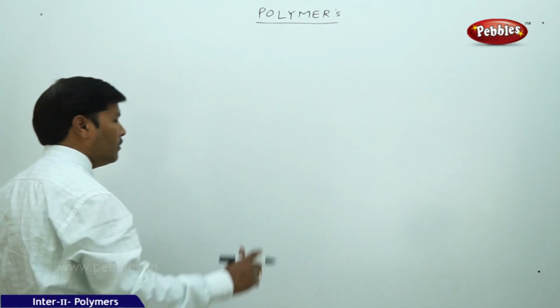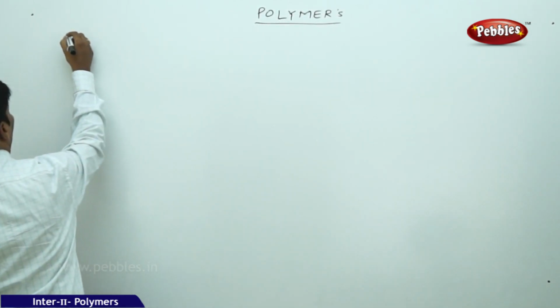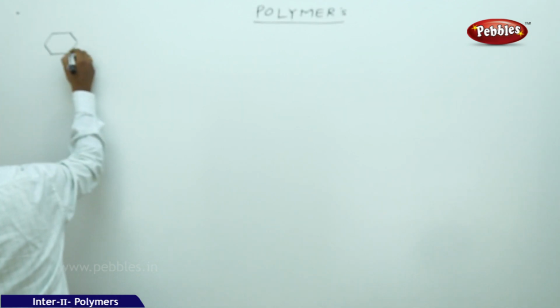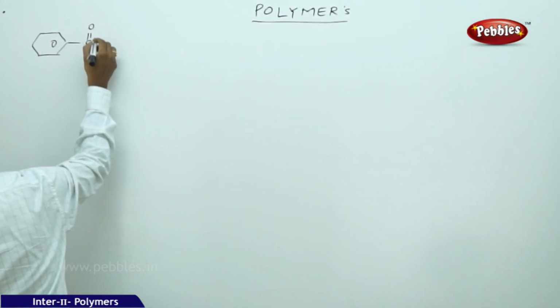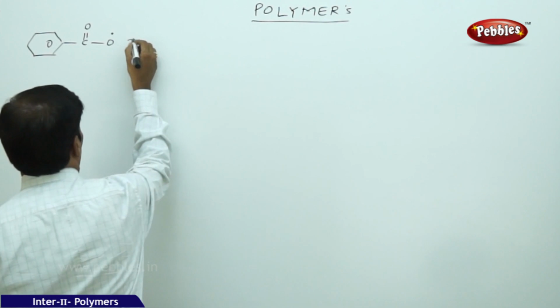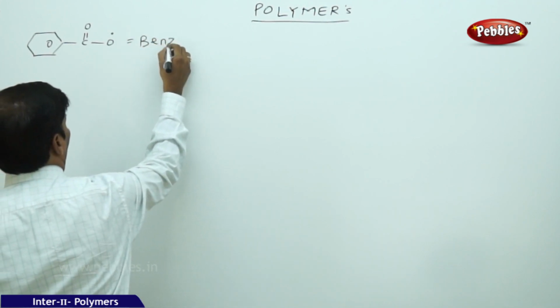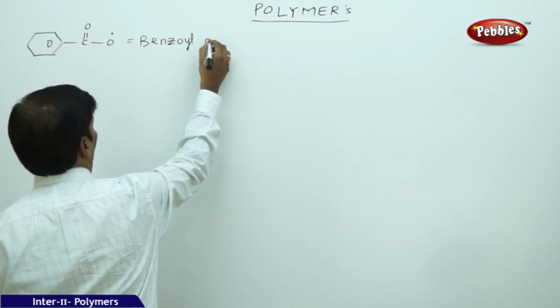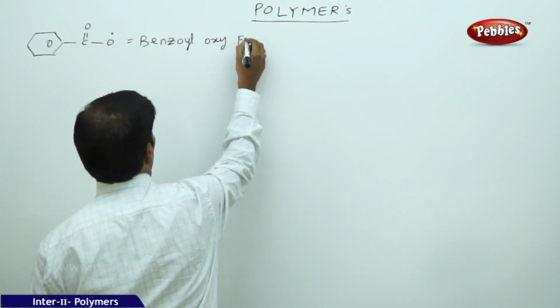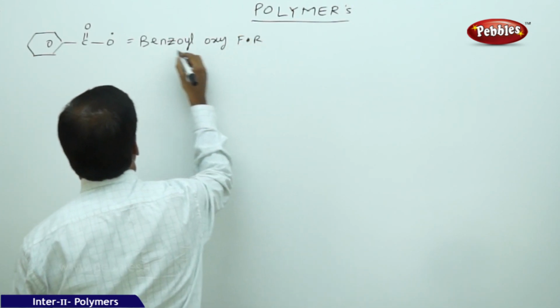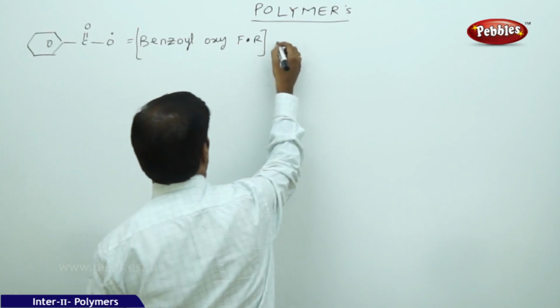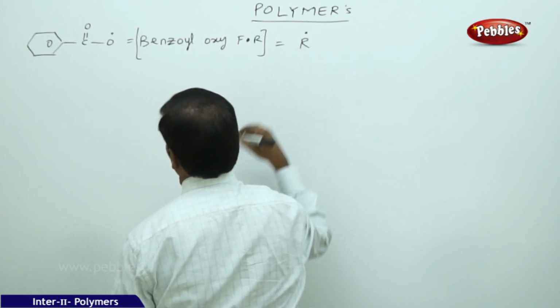So from the chain initiator reaction, take the benzoyloxy free radical; let it be given by R dot.